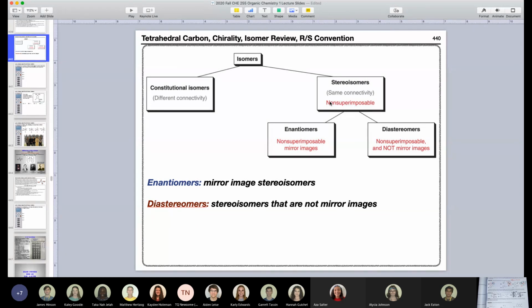Yes, those are diastereomers. Now, as we said, enantiomers can only be distinguished through polarimetry and optical activity. Diastereomers will actually have different physical properties. They may not be wildly different, but they will be different enough that you can tell.